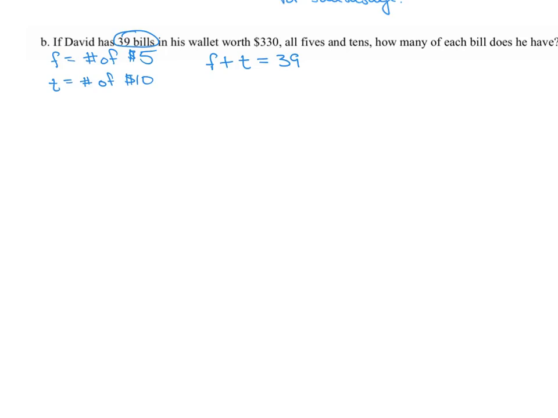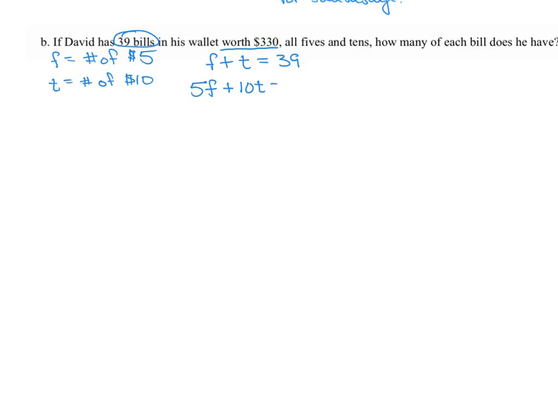The second piece of information, we have what they're worth. We have they're worth $330. So to figure out how much money we have from the $5 bills, I'm going to multiply 5 times the number of bills we have. To figure out the amount we have for the $10 bills, I'm going to multiply 10 times the number of $10 bills.